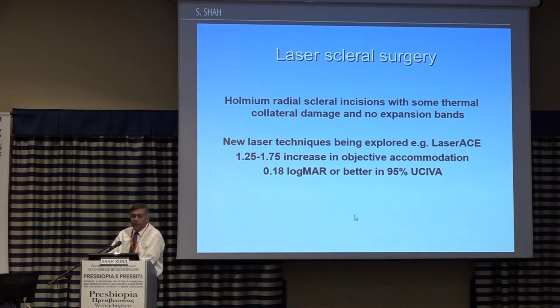The latest results on those give you an average of 1.5 diopters increase in objective accommodation. The problem with all of these studies is comparing objective to subjective refractions, because the subjective is often better than the objective. And 95% of patients have intermediate vision of 0.18 logMAR.